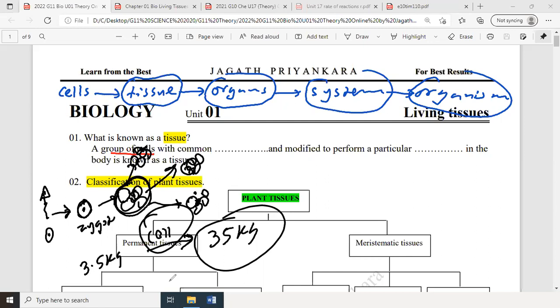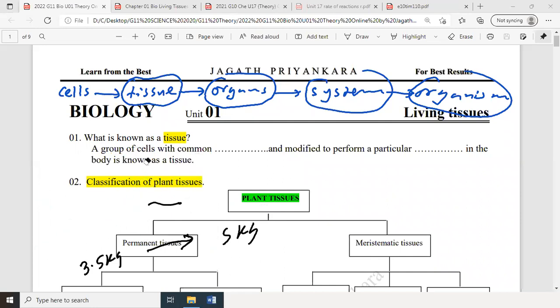You have more cells than before. So you become bigger, you are growing. Therefore growth is an increase in the number of cells in a multicellular organism. In a tissue also the number of cells might increase. You should have that understanding. So, a group of cells with common origin. Now you can understand the meaning of common origin.